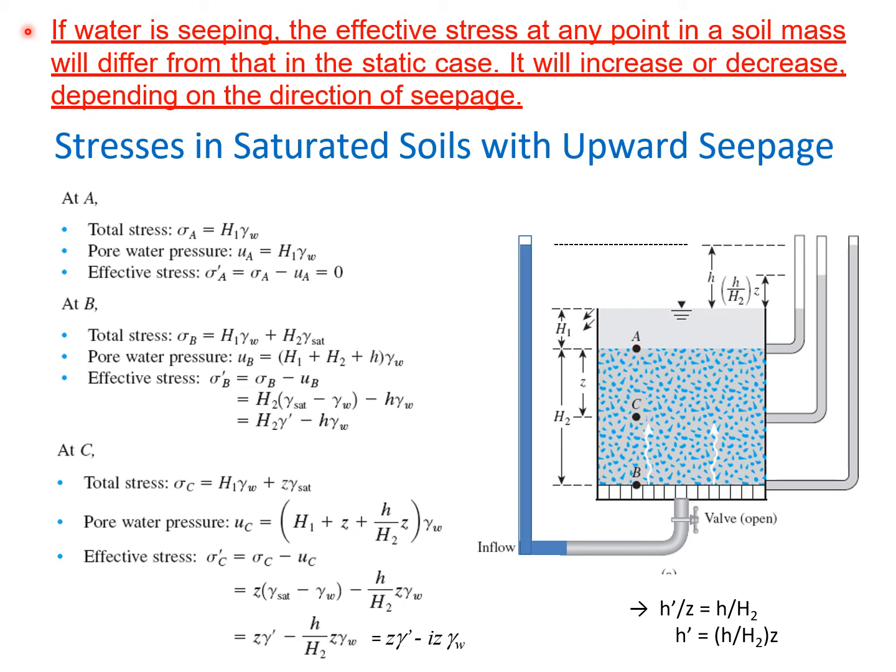So I will repeat, if water is seeping, the effective stress at any point in a soil mass will differ from that in the static case. It will increase or decrease depending on the direction of seepage.